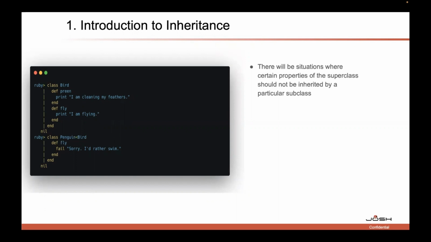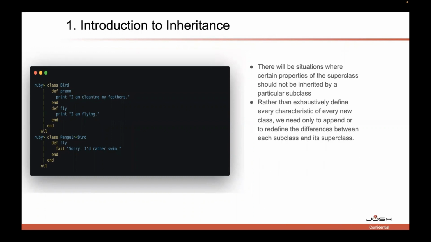All birds can fly, but a few birds cannot fly. So what we can do is still inherit them from the bird class. Penguin can still be inherited from the bird class. Penguin will access methods like preen, but in the case of fly, since fly is not applicable to penguin, we can just fail this method. So if you see this, they fly, fail, sorry, I would rather swim, right?